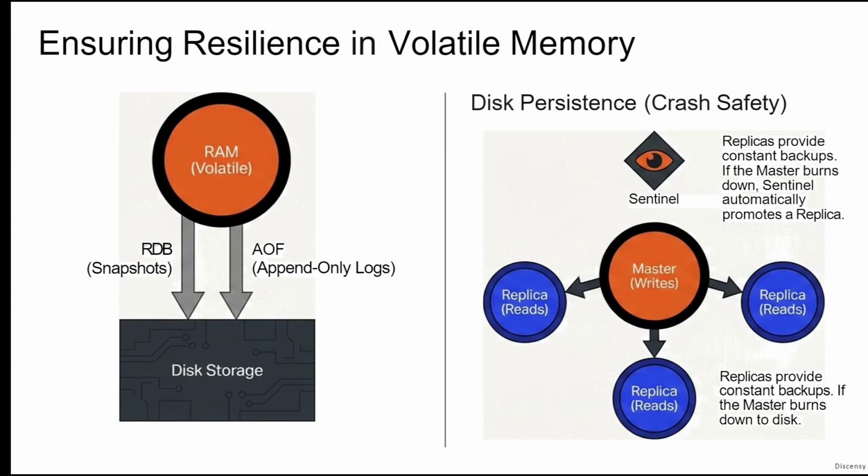Suppose we have multiple copies of data, then even if one copy is lost, we will have a few more copies in our backup, right? So replicas provide constant backups. If the master burns down, Sentinel automatically promotes a replica, right? If the master burns down to disk, you could also see it conveyed through certain images here, right? Yeah, moving ahead.